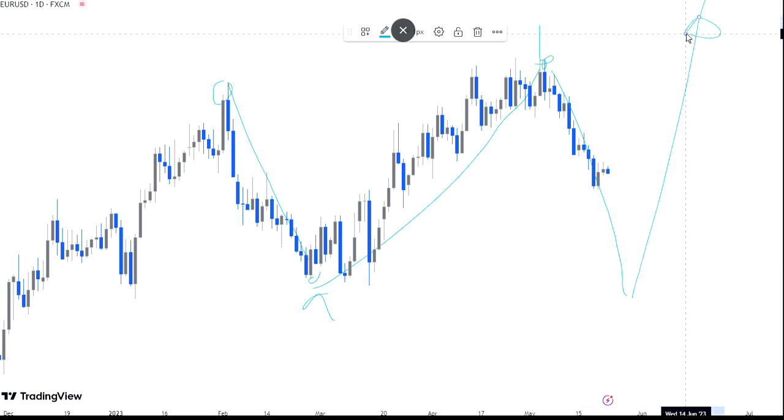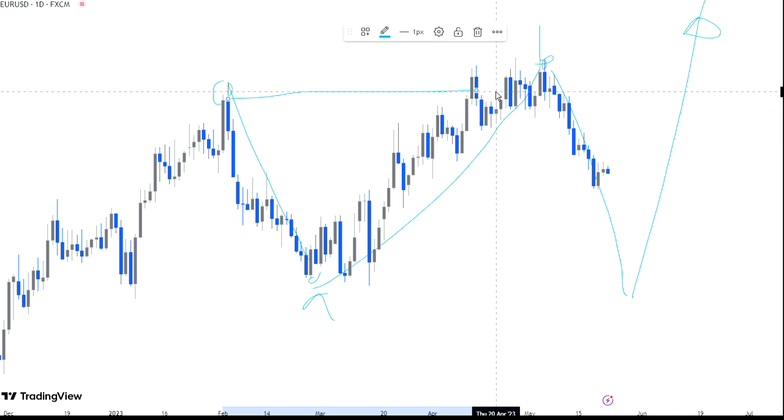But if you understand the kind of flat formation, this is the expanded flat. The expanded flat implies that at this point here we have a breakout.